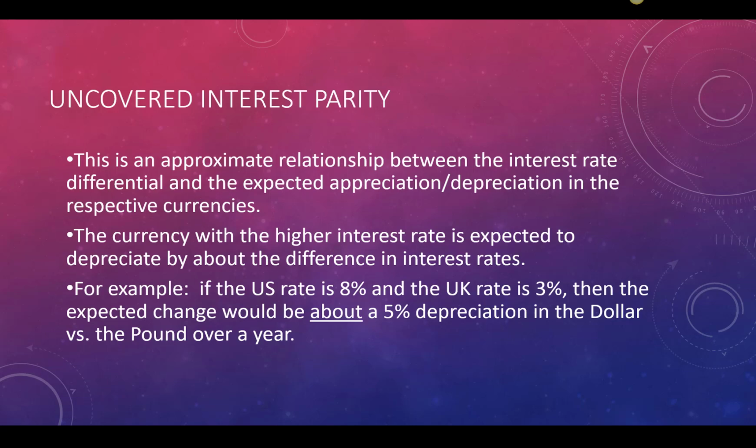So for example, if the US interest rate is 8% and the British interest rate is 3%, then the expected change would be about a 5% depreciation in the dollar compared to the pound over the next year. So we've got a 5% differential, and the uncovered interest parity notion says this gives us an approximate expectation of what's going to happen over the next year.